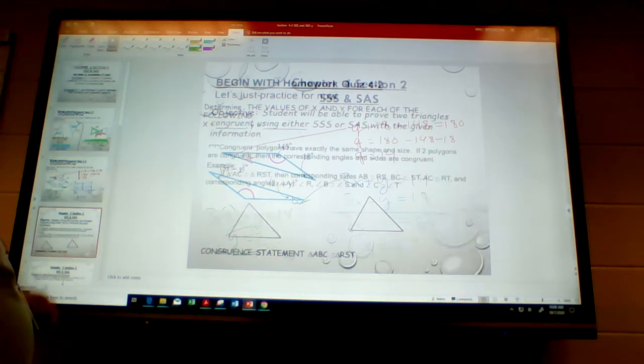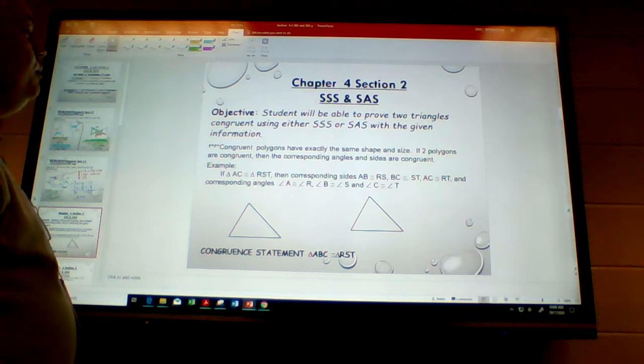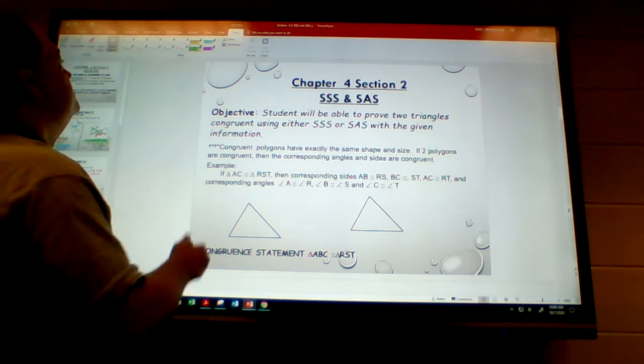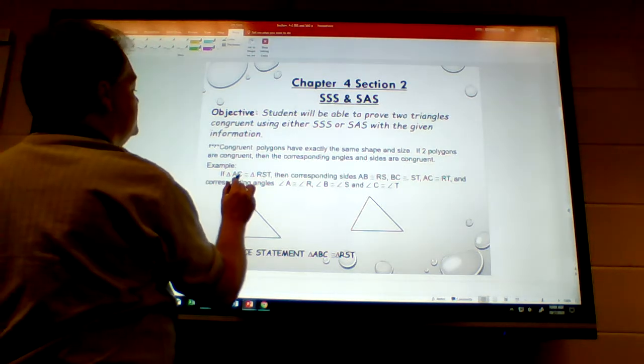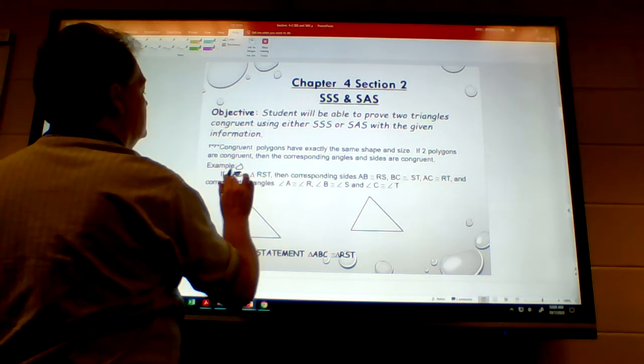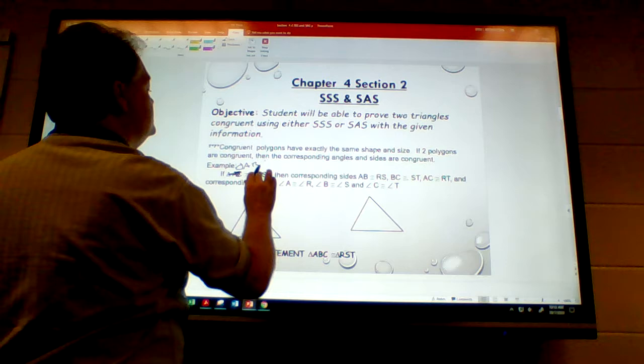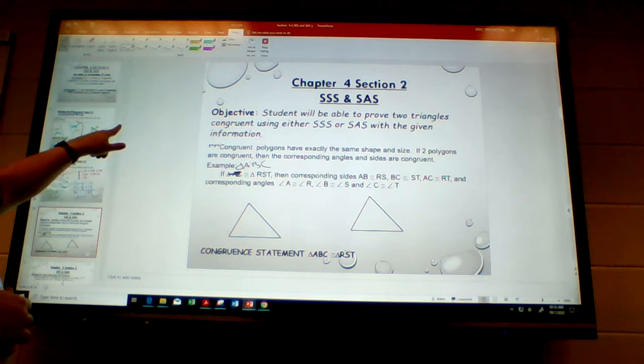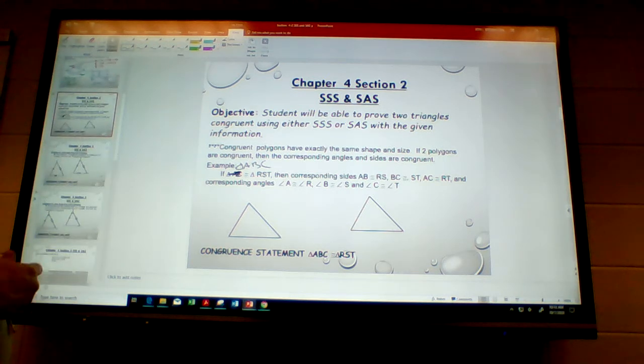All right. Now, we talked last time about having to prove triangles congruent. I just caught a typo here, so let's make that triangle ABC is congruent to triangle RST. Then the corresponding sides are congruent, and the corresponding angles are also congruent to one another. That's what we talked about last time.